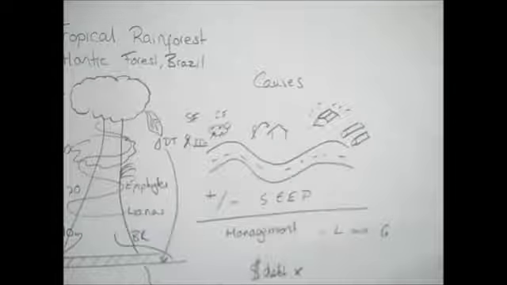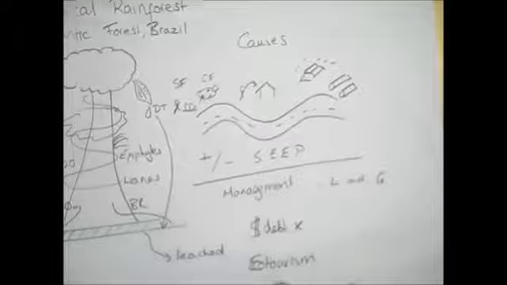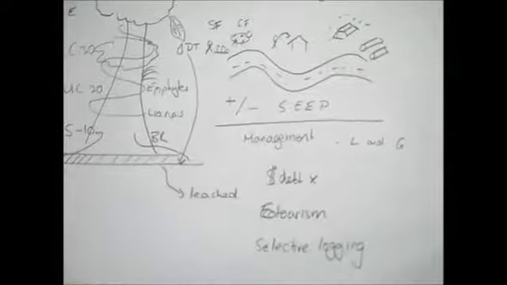And then one final strategy, which hasn't been so successful, is selective logging. This is where only certain types of trees are cut down, the mature trees.